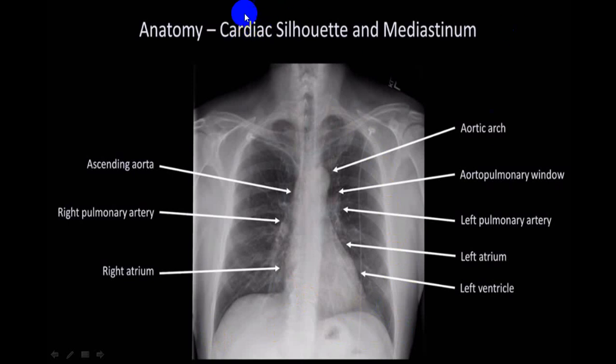Now, the basic principle of Silhouette is that the border of a structure which is radio-opaque, you can identify very clearly.